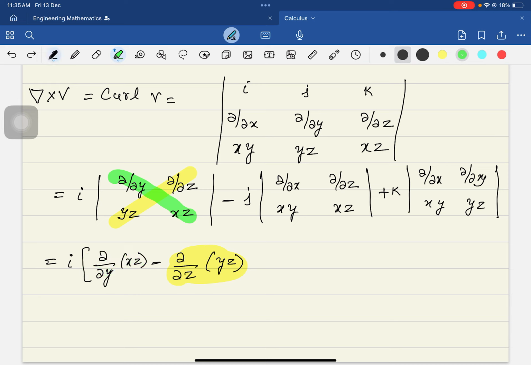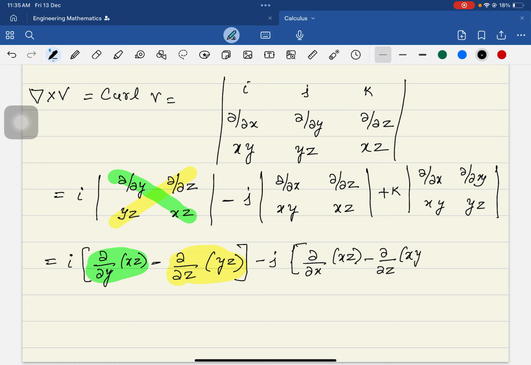So this is the way to calculate. Then minus j times ∂/∂x of xz minus ∂/∂z of xy. Now plus k times ∂/∂x of yz minus ∂/∂y of xy.